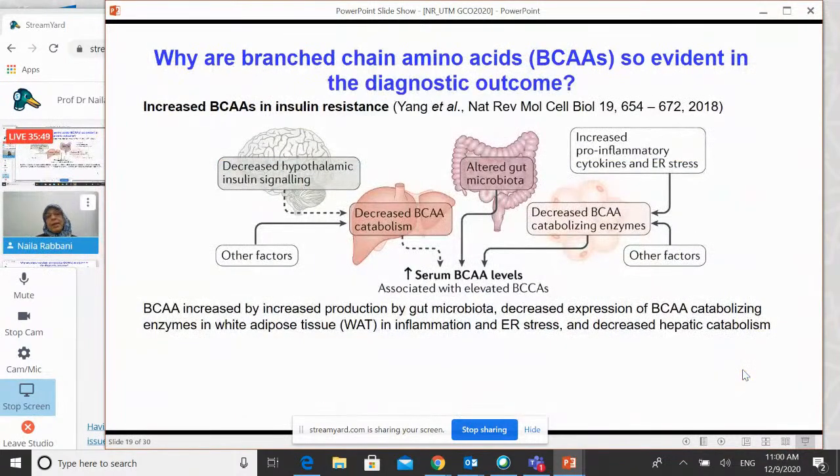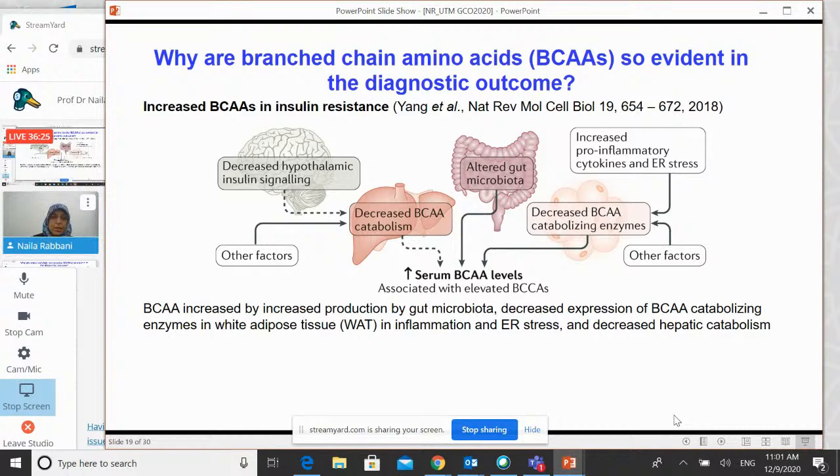So why are branched-chain amino acids so evident in the diagnostic outcome? The reason is that branched-chain amino acids are increased by increased production by gut microbiota, decreased expression of BCAA catabolizing enzymes in adipose tissue, inflammation and ER stress, and decreased hepatic catabolism.